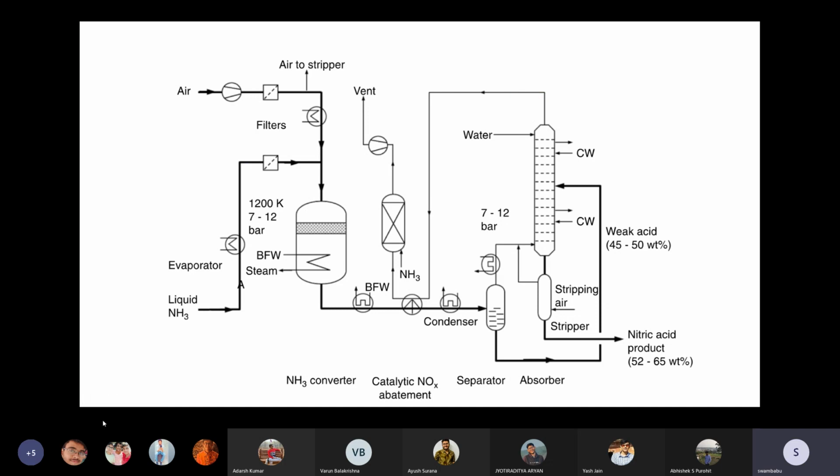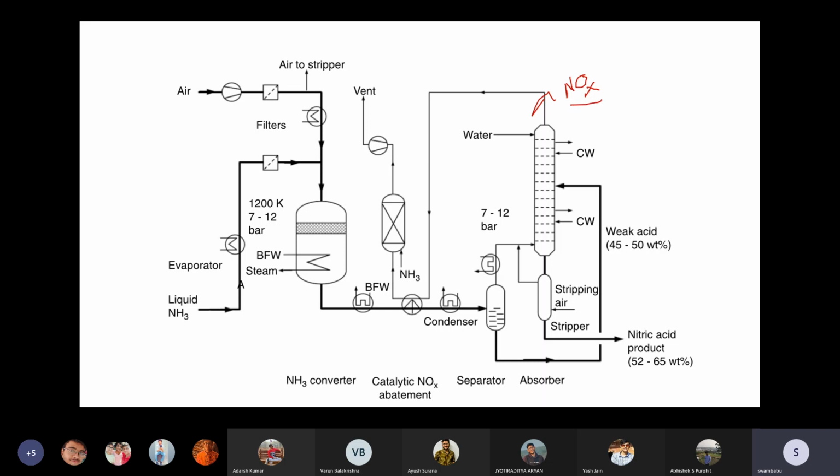So what I'm saying here is, whatever unreacted NOx gases come from this absorption column, we cannot directly vent into the atmosphere because these are all hazardous and very toxic.